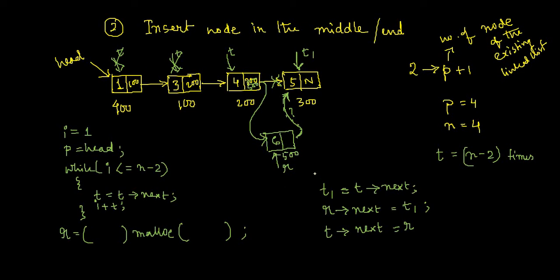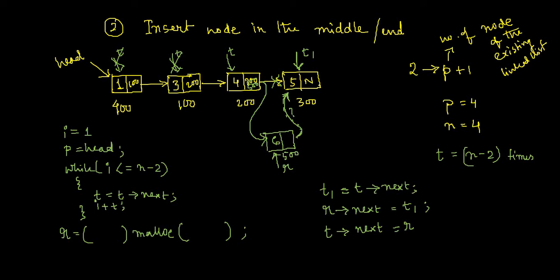Now you see, although this connection is terminated, since the connection is properly established between the third node of the previous linked list and the newly created node, and from the newly created node to the last node, it is okay. We have a linear path.